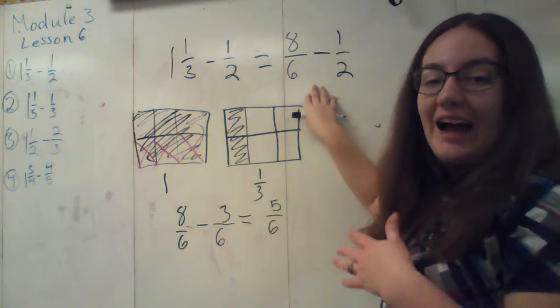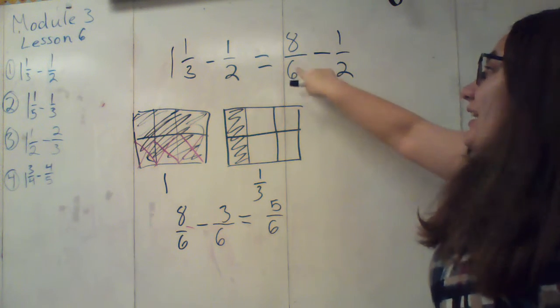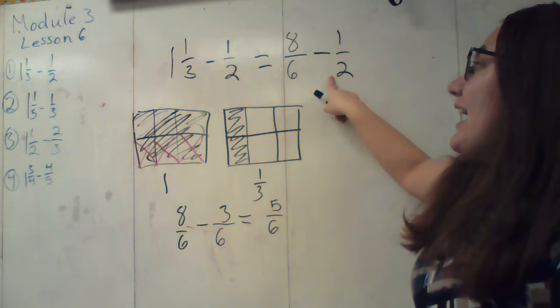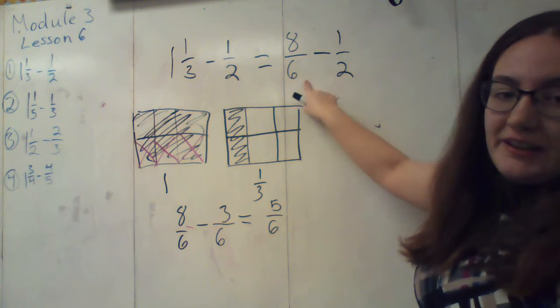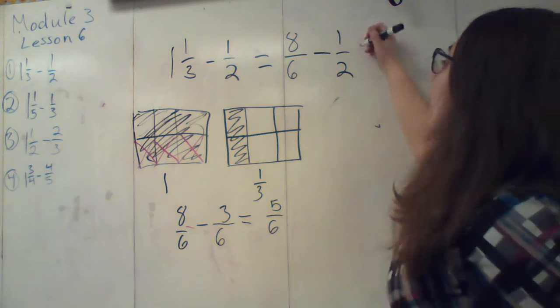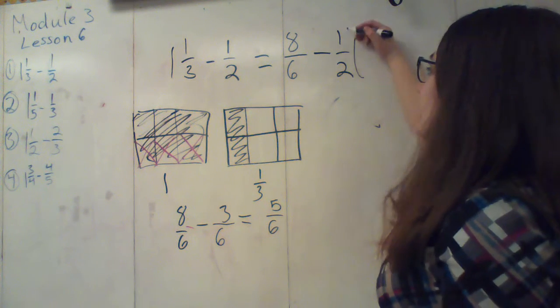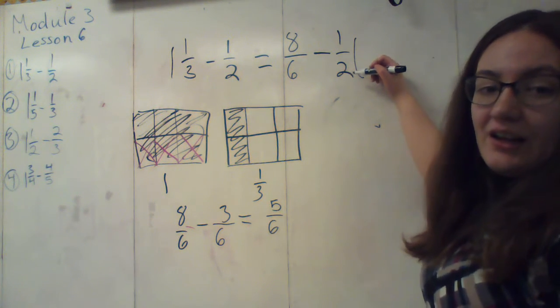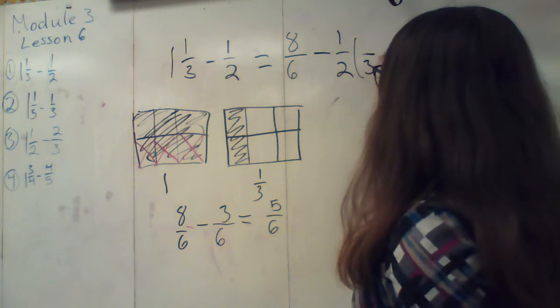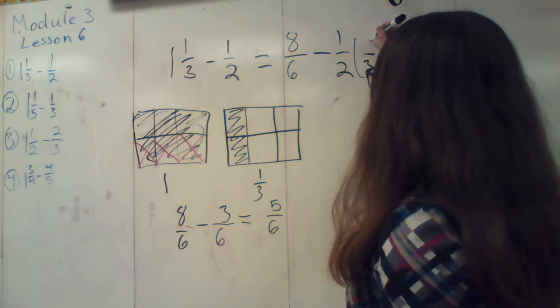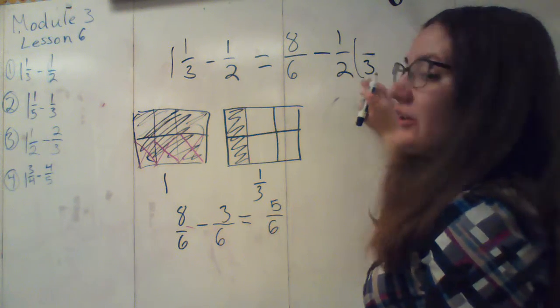So let's take a look at how it would look numerically. If I have 8/6 minus 1/2, what I need to do now is have common denominators between these two. So I need to multiply 2 by something so that it can be 6. I know that 2 times 3 would be 6, so I'm going to multiply this by 3.